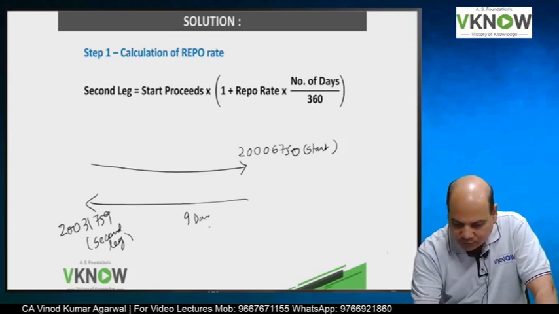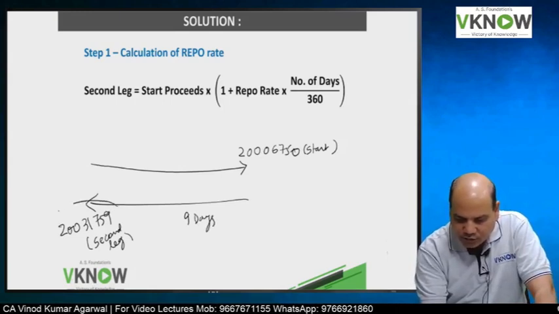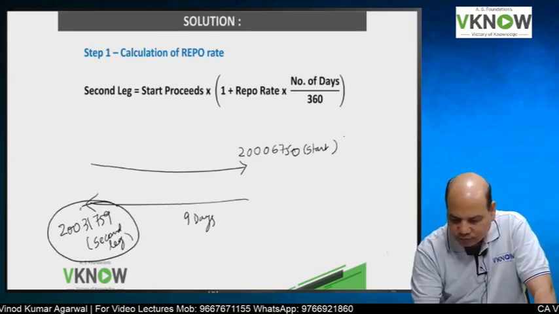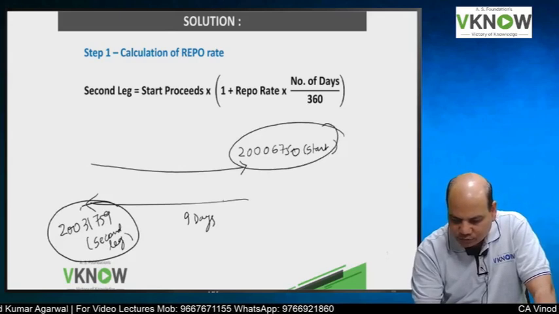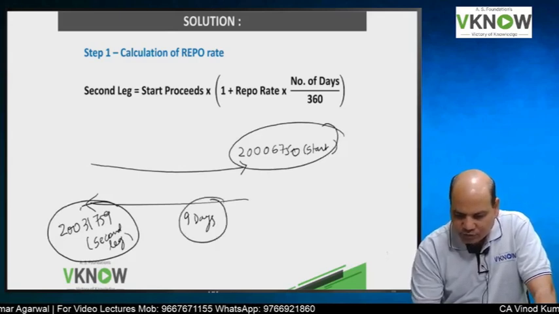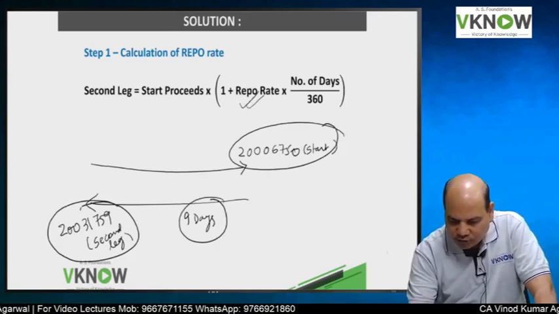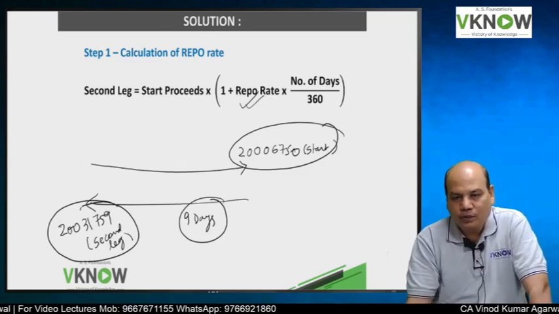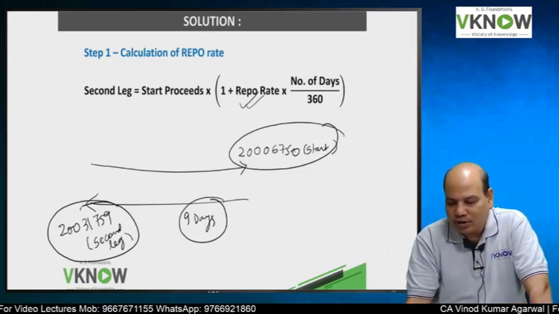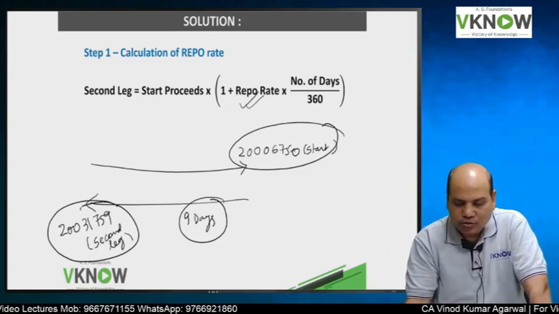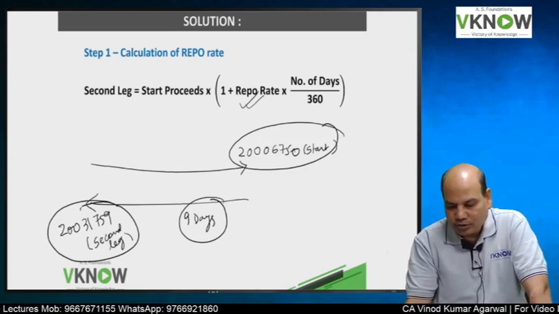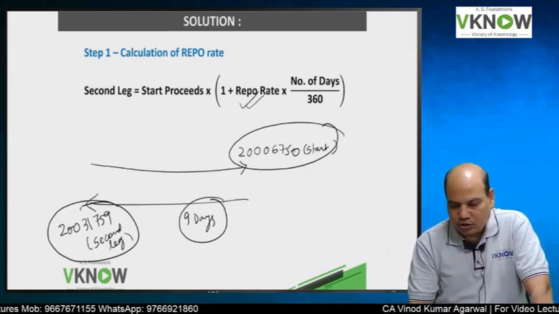So basically this is like a future value, this is present value, this is time. You have to find out what is the rate of interest charged by the lender. So write down the formula. Calculation of repo rate, step 1.